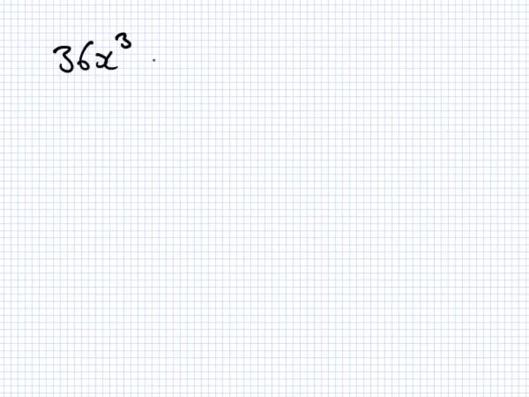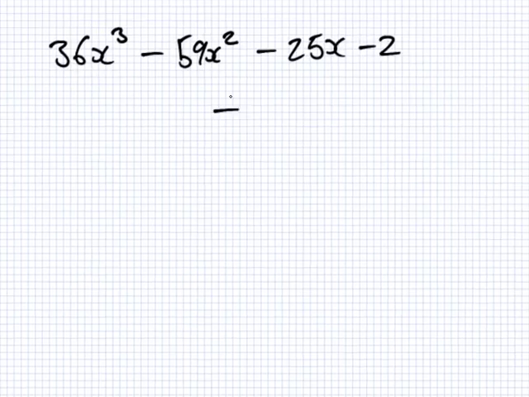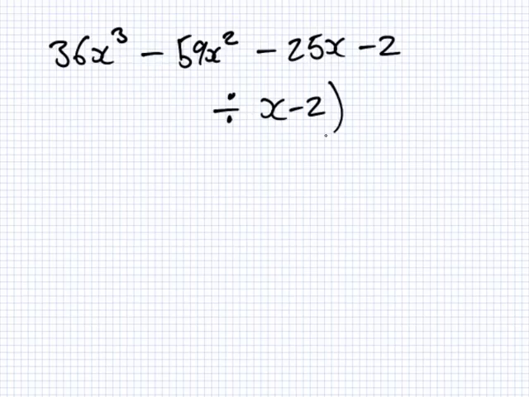What was the very first one I did for you? 36x cubed minus 59x squared minus 25x minus 2. And what did I ask you to divide it by? X minus 2.